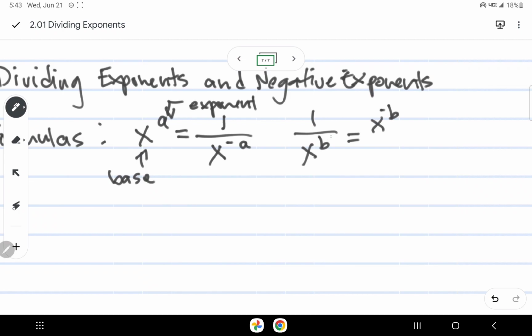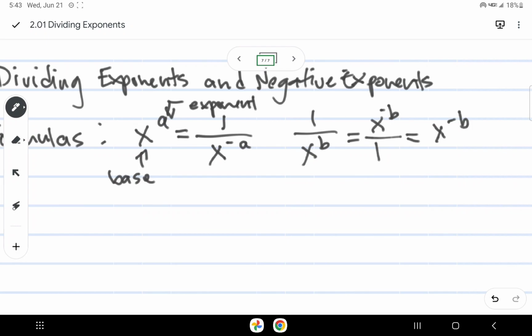So it flips from positive b to negative b, and the 1 goes at the bottom since it was at the top, but preferably I usually just get rid of the 1 at the bottom if there's just the 1. Okay? All right. So hopefully that makes sense.